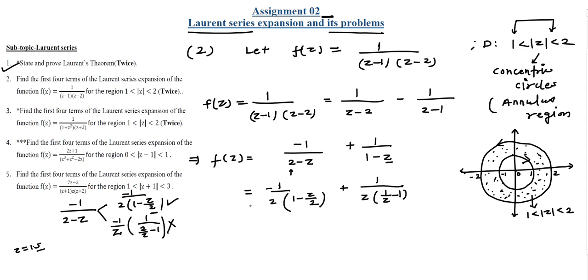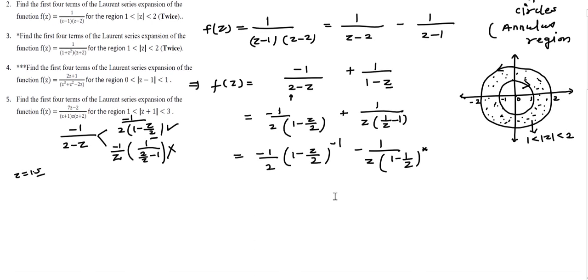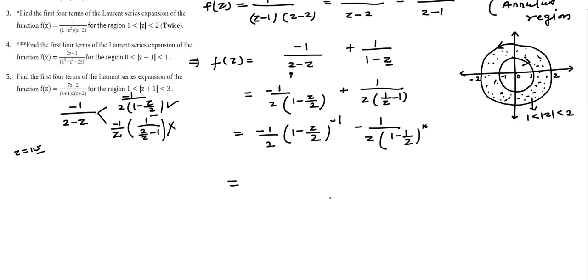Now further we need to write in standard form: -1/2 (1 - z/2)^(-1). Taking the negative common, -1/z (1 - 1/z)^(-1). So this is equal to -1/2 (1 - z/2)^(-1) - 1/z (1 - 1/z)^(-1).